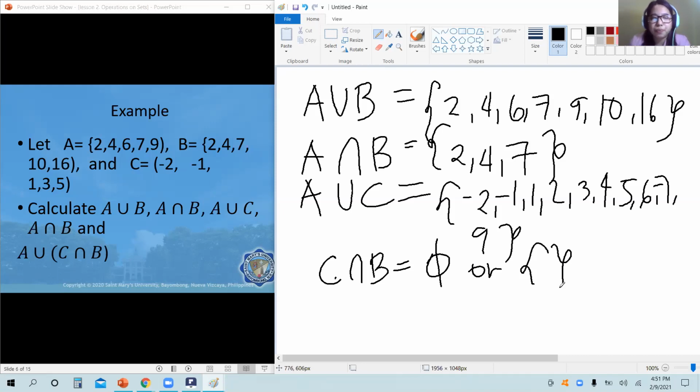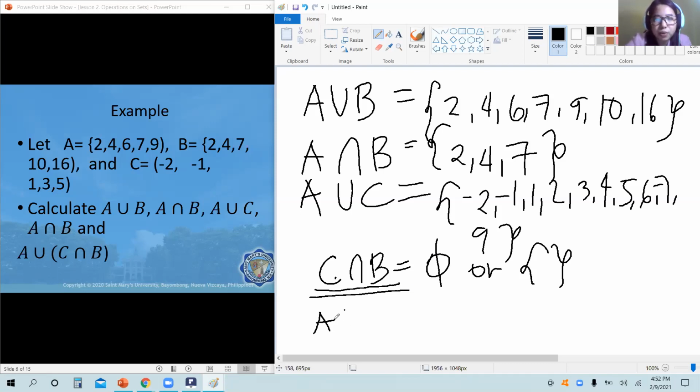So for A union the elements of C intersection B, what's the value?